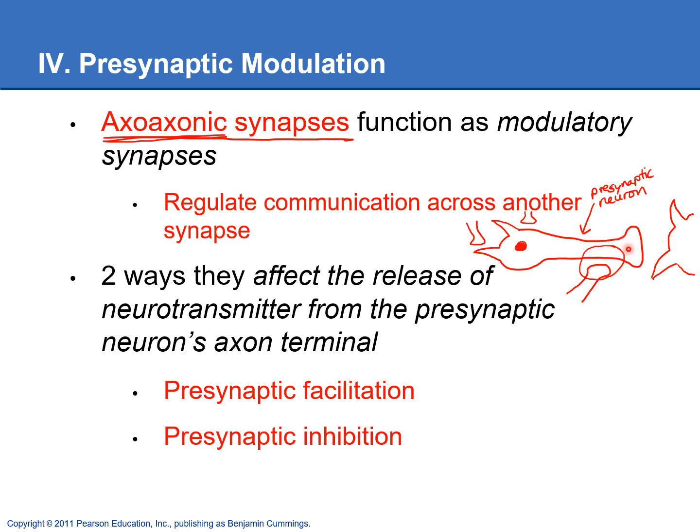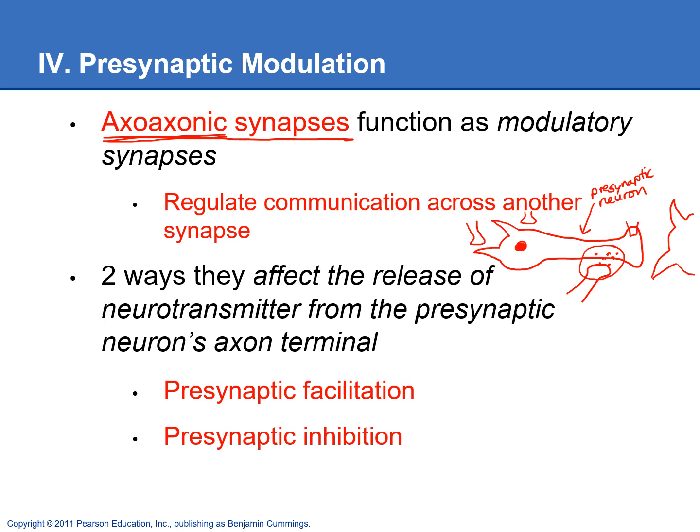What's going to happen is neurotransmitter will be released at this axo-axonic synapse, and a lot of times the neurotransmitter will end up binding to, for example, a G protein linked receptor, and it's going to affect the voltage-gated calcium channels that are in the axon terminals.